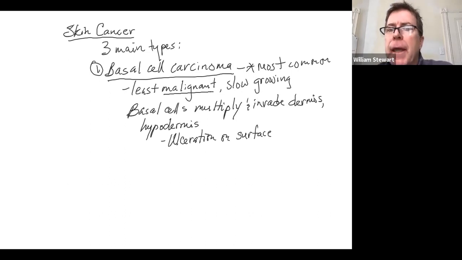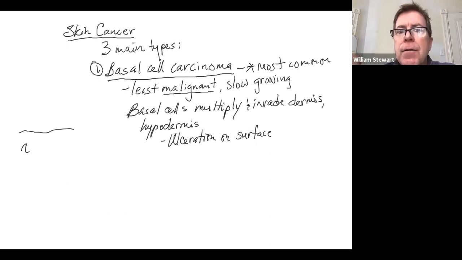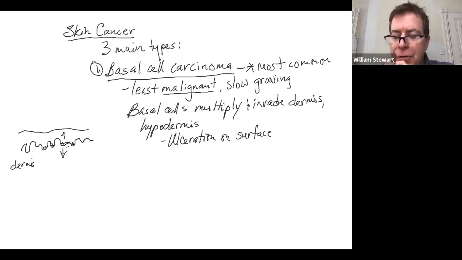So during this multiplication of cells, here's our surface of the skin, here's that stratum basale layer of the epidermis. This is dermis, both papillary and reticular. So these basal cells in the epidermis uncontrollably multiply, and those new cells move this way down into the dermis and this way toward the surface, where we get the ulceration.